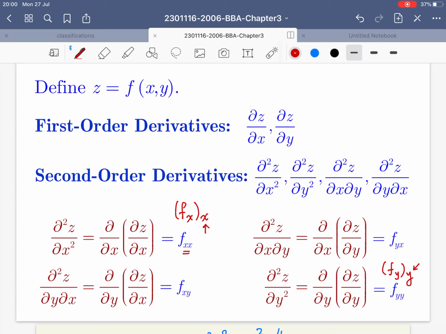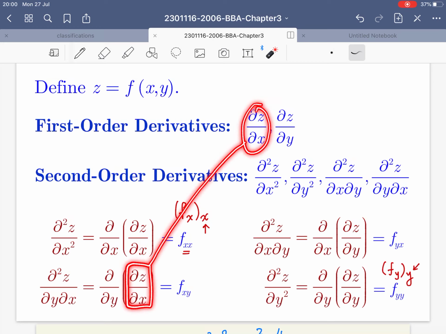However, if you do something in a different variable, for example, at the beginning you do dz by dx first, so here's the one that you do first, followed by d by dy. Don't forget that if you use the fraction notation, the operator that you do following, you need to put in front of it.